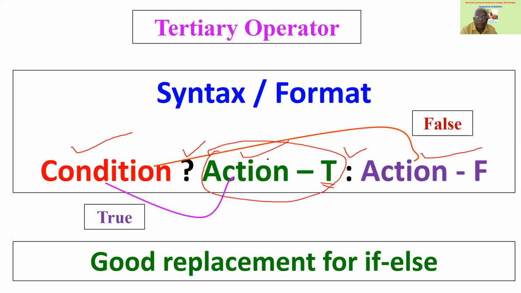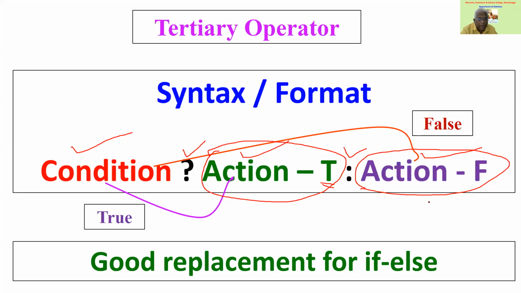So you are performing this set of action when your condition is true. When your condition is false, you will be going to this another set of action. Action F. So this is the set of action that are expected to be performed if condition is false.